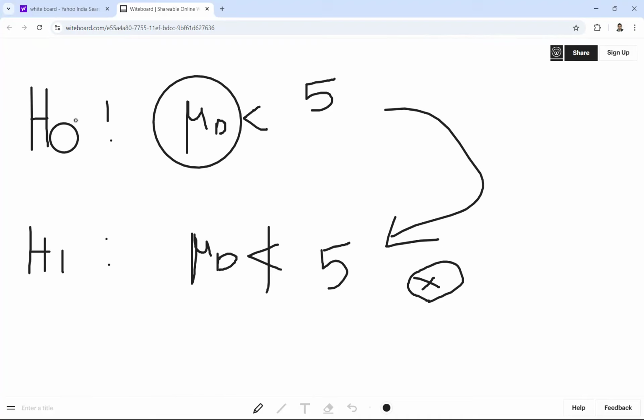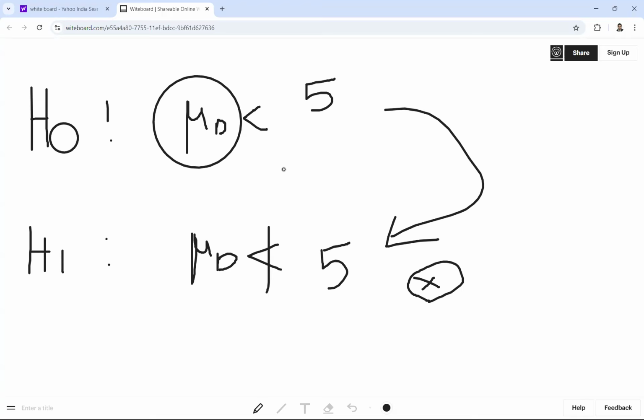At least theoretically, you understood this first? Someone is asking: in the null hypothesis we should take the favorable outcome, what we want. Not necessarily, but you can understand it that way. You can take the favorable outcome.